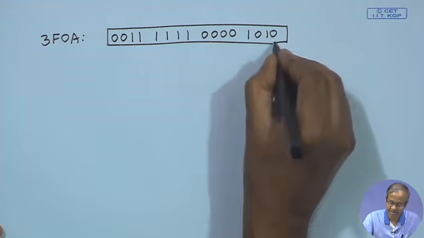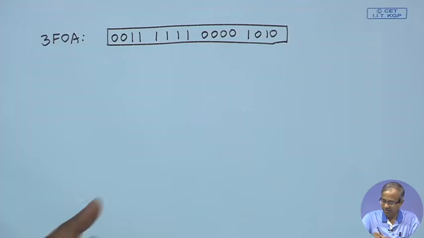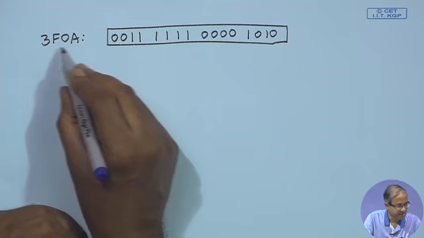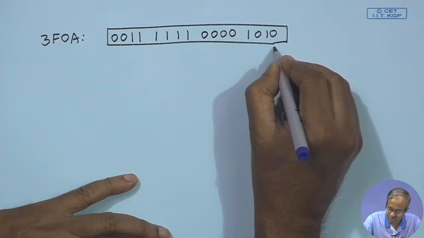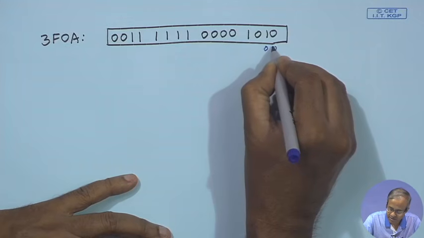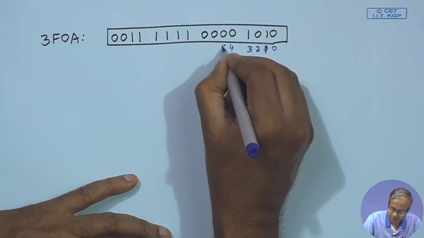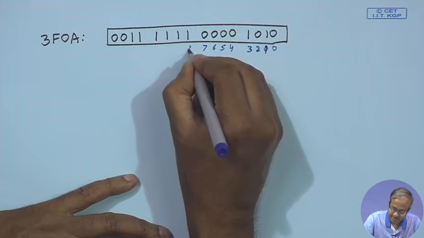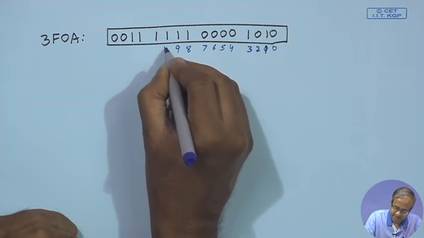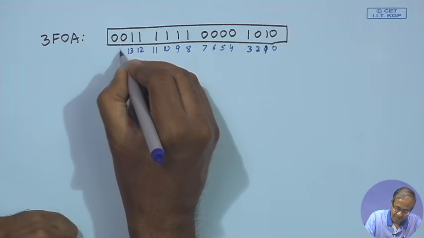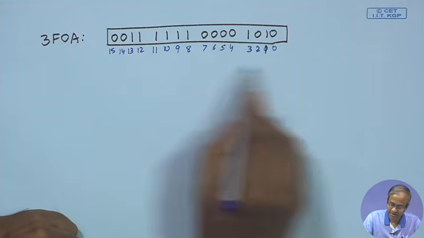These are the 16 bits. Now the index values will be 0, 1, 2, 3, 4, 5, 6, 7, 8, 9, 10, 11, 12, 13, 14 and 15.